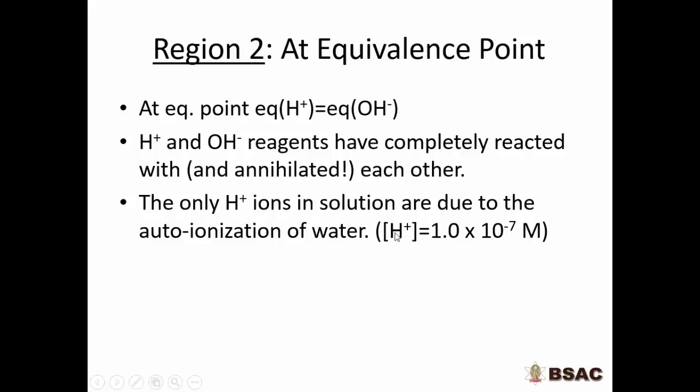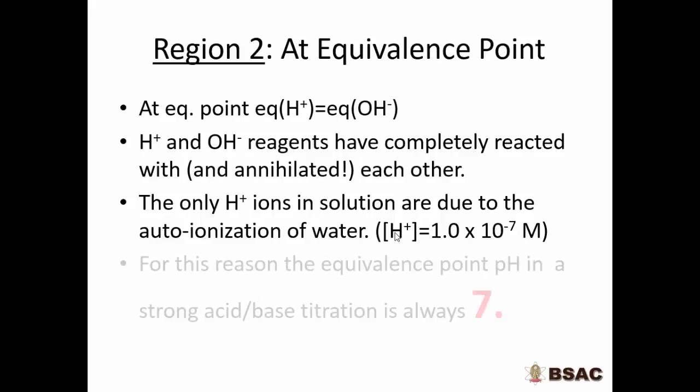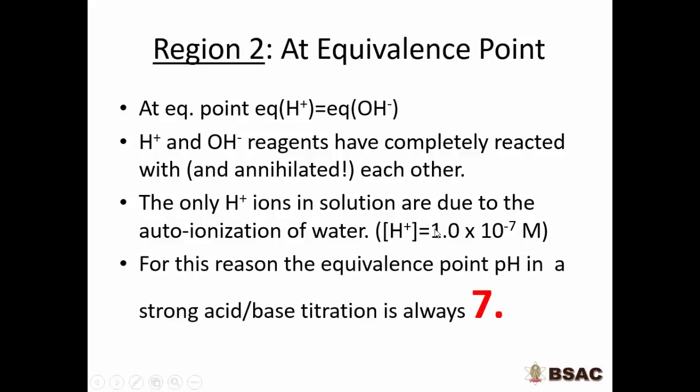So when the acid and base have completely annihilated each other, and all you have is pure water and some salt, you do have some hydrogen ions being created by autoionization of water. And so the pH will just be the negative log of that concentration, and the negative log of 1 times 10 to the negative 7 is 7.